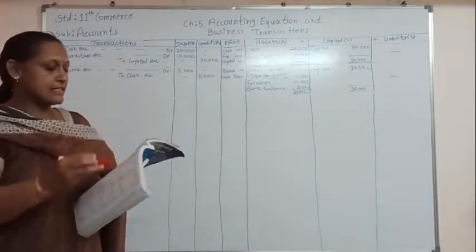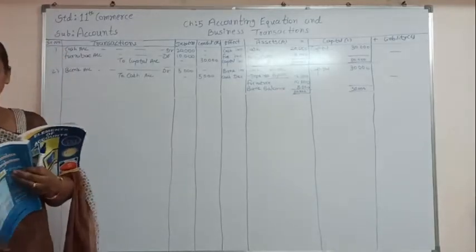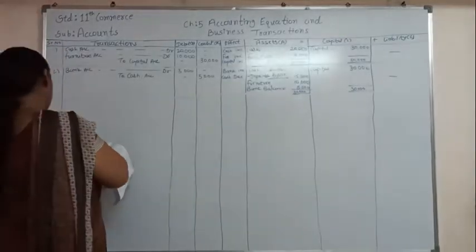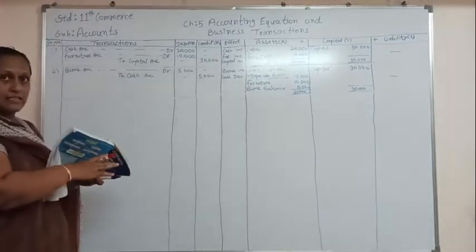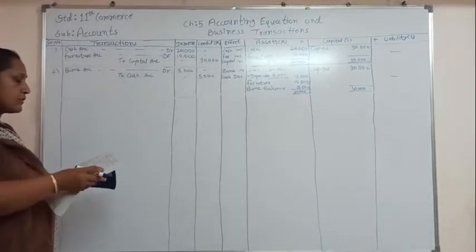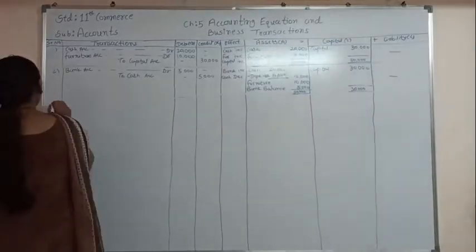Now let's see the third transaction, and third transaction is goods of rupees 8,000 purchased from Rajesh. So purchase account debit to Rajesh. That journal entry we are going to pass.